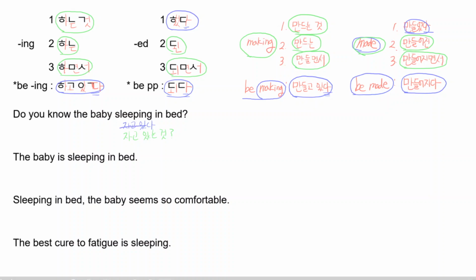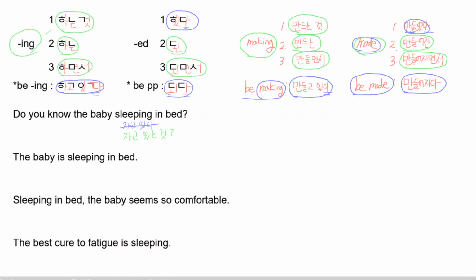Here, what we did wrong is we guessed the meaning. Don't guess the meaning. If you see here, ing doesn't end with 다, right? It's always in green.